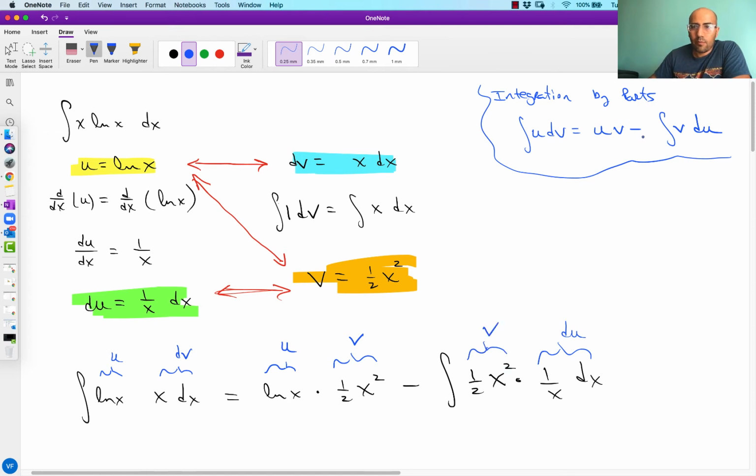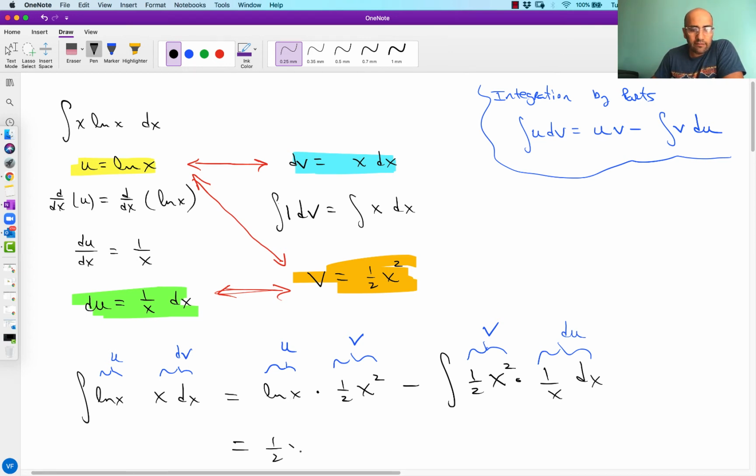So I've properly exchanged everything here. The integral of u dv is equal to u times v minus the integral of v du. Good. If things worked out nicely, this should be something easier to integrate compared to that. Let's simplify it a little bit.